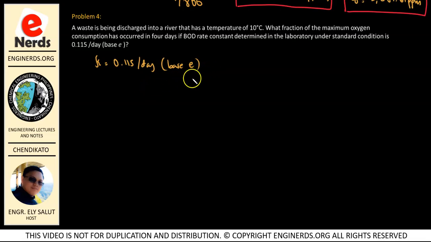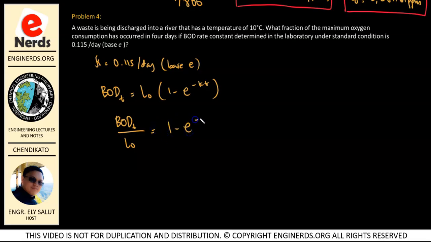So, yung ating formula, di ba, is BOD T is equal to ultimate BOD times 1 minus E to the negative KT. Para makuha natin itong fraction of the maximum oxygen consumption, it is actually the fraction of the BOD over the ultimate BOD. So, we have BODT over our ultimate BOD is equal to 1 minus E to the negative KT.